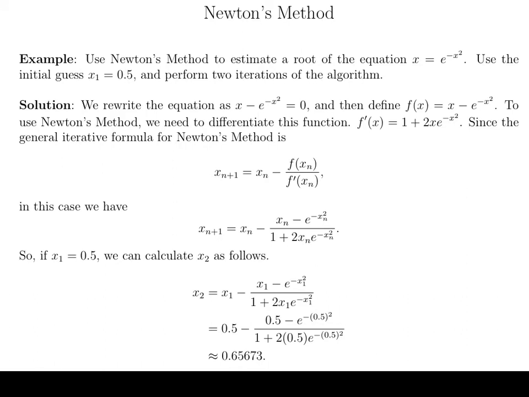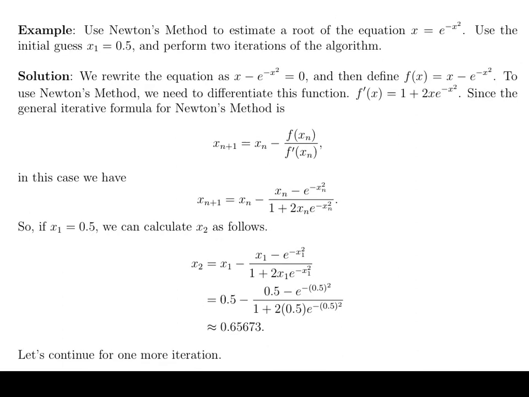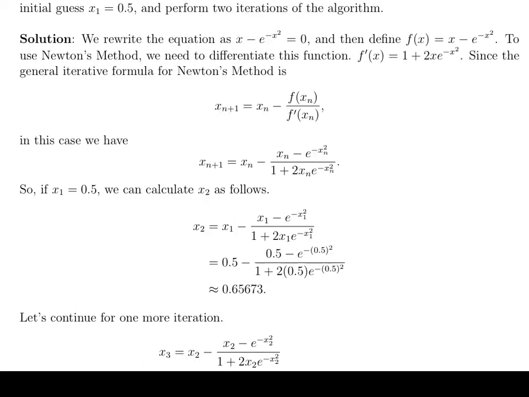So what we'll do now is, since this is our value of x2, we're going to run one more iteration. And one more iteration should, we hope, get us closer to the actual root of the equation. So we now have that x3 is equal to x2 minus f of x2 over f prime of x2.